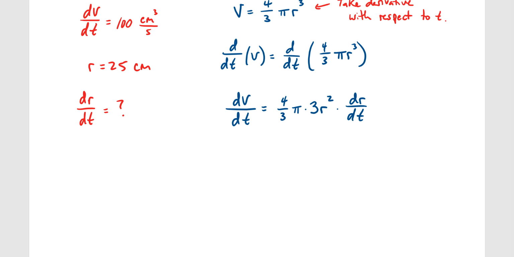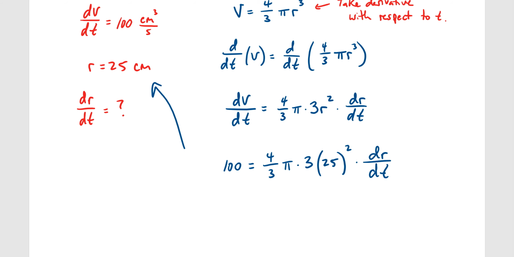That's going to be 100 instead of dV/dt, and then 4/3 pi times 3, and we have r. r is 25, so 25 squared, times dr/dt. dr/dt is our variable that we're looking for.